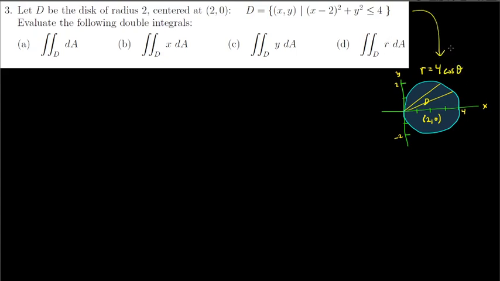Right, so I think we did one like that before. All you're doing is plugging in x equals r cosine theta, y equals r sine theta, and then just solving for r. So if you do that with the equation of the circle here, equals 4, and you convert that to polar coordinates, you get r equals 4 cosine theta.